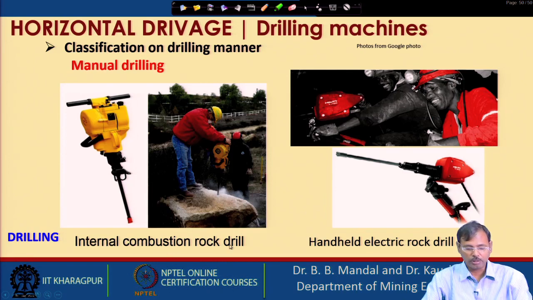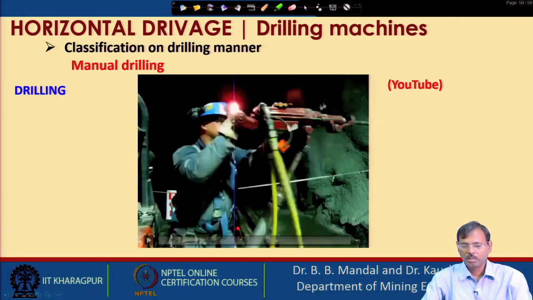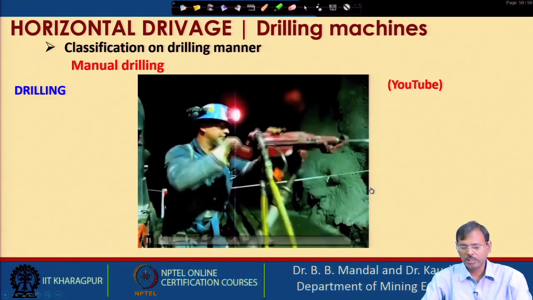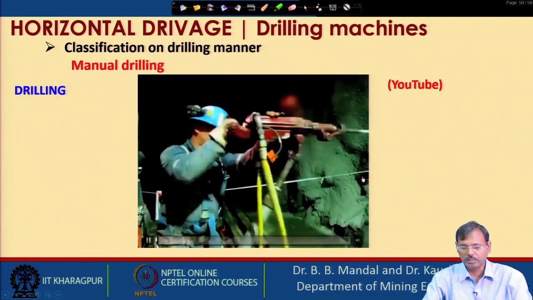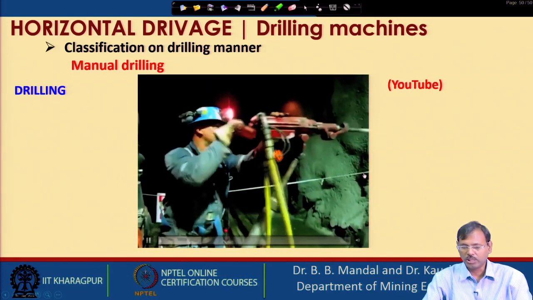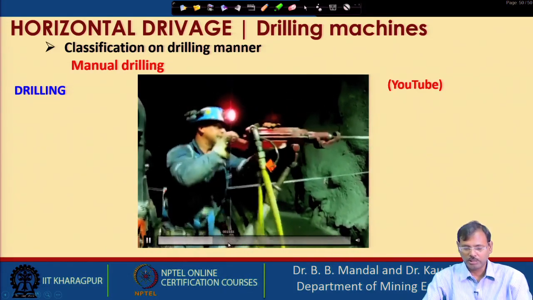This is an internal combustion rock drill, where a diesel engine is provided here itself or sometimes a battery is provided. So, this is one drilling video where a pusher leg and this compressed air drill is used for carrying out horizontal drilling.